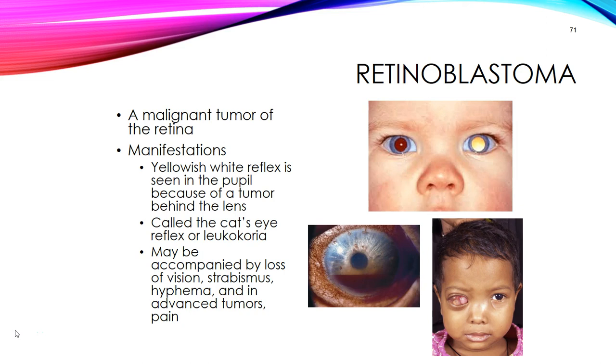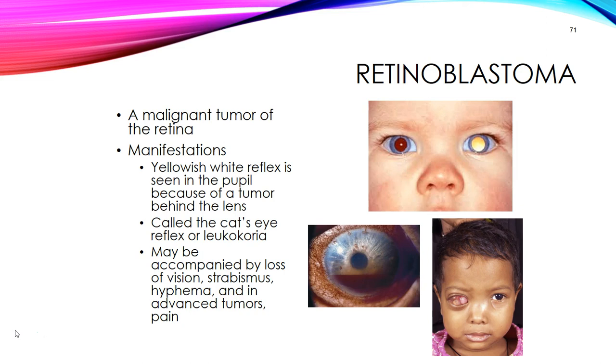And I'm sure you've seen it, especially with older cameras, where they got the glowing red eyes, and it's where the light from the camera is bouncing off the back of the eye, making them look like their pupils are red. Well, when they have a tumor in the way, as you see in the top picture, they get what's called a white reflex, where it looks white instead, and that's where it's bouncing off the tumor instead of the retina like it should be.